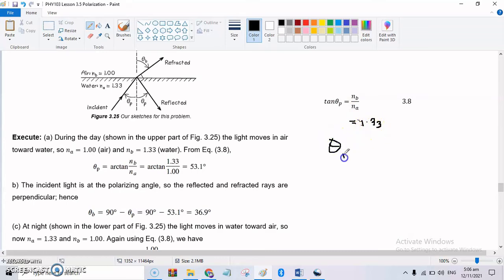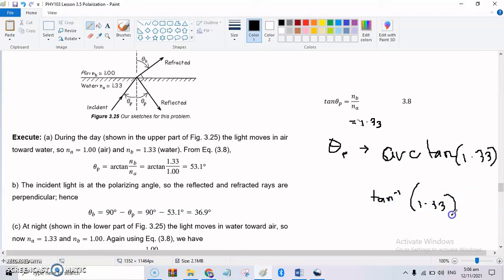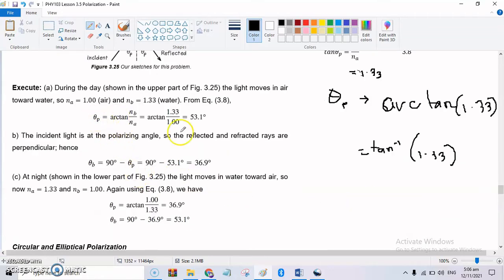To get theta p, you need to calculate the arctan of 1.33 on your calculator. And theta p is equal to 53.1 degrees.